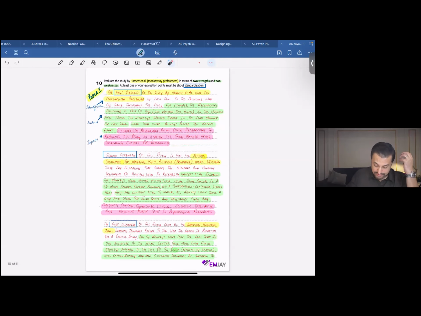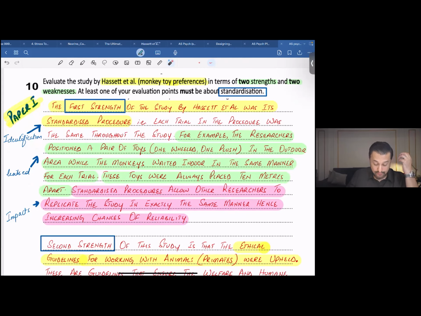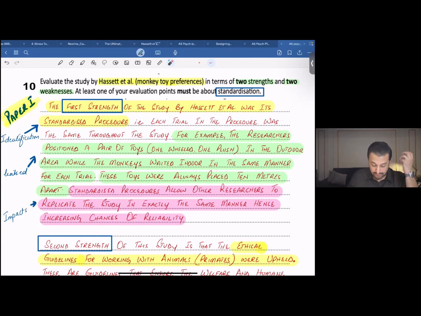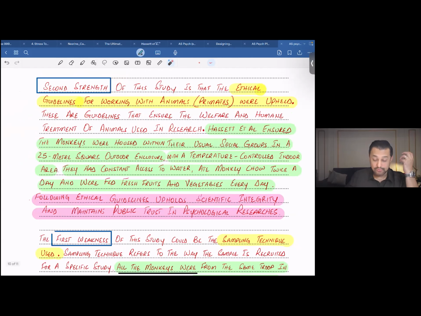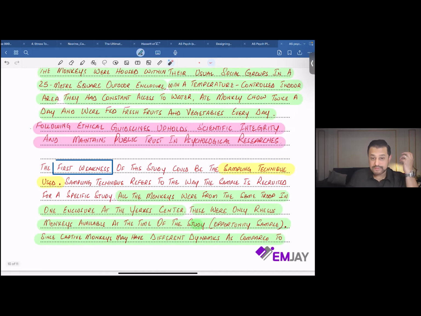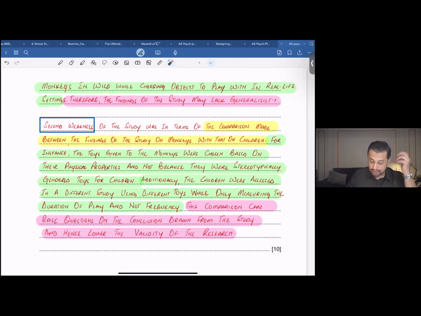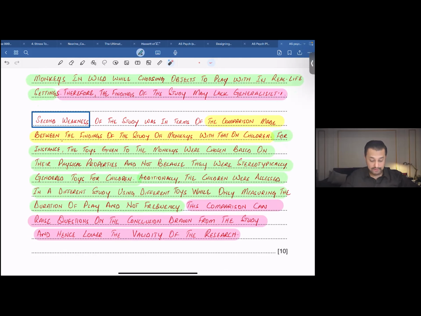I might as well just keep these still over here so that if you want to take a screenshot, you may, of the first strength. Now a screenshot of the second strength if you would want to. The first weakness and the second weakness. Now, you do not necessarily need to rote learn this. I just used an example over here to help you understand this better.